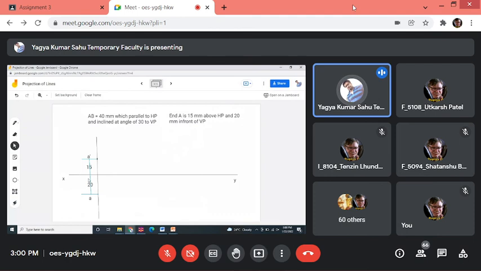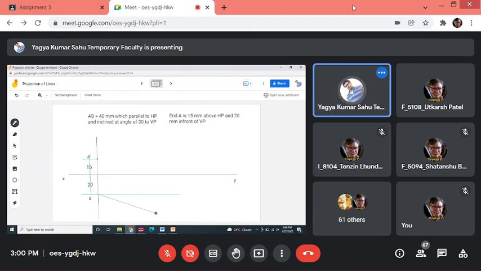So in this question, if I draw a line inclined at 30 degree from this particular A, like this, the length equals 40 mm, angle 30 degree.